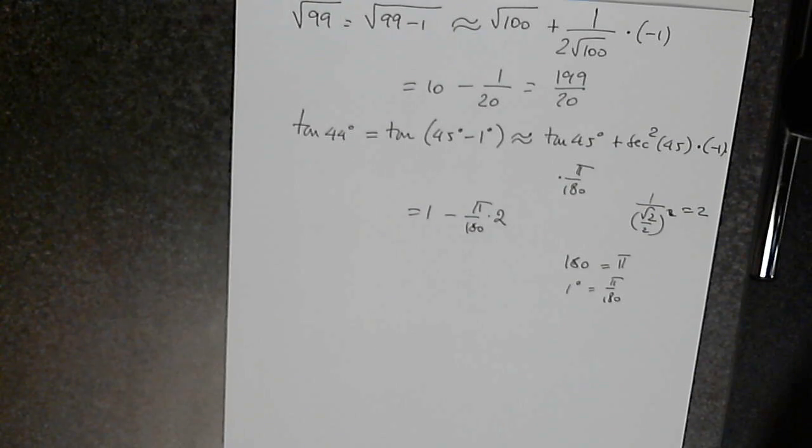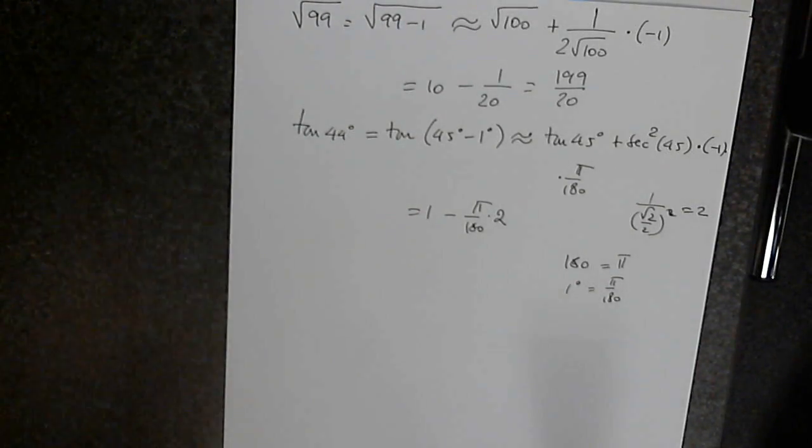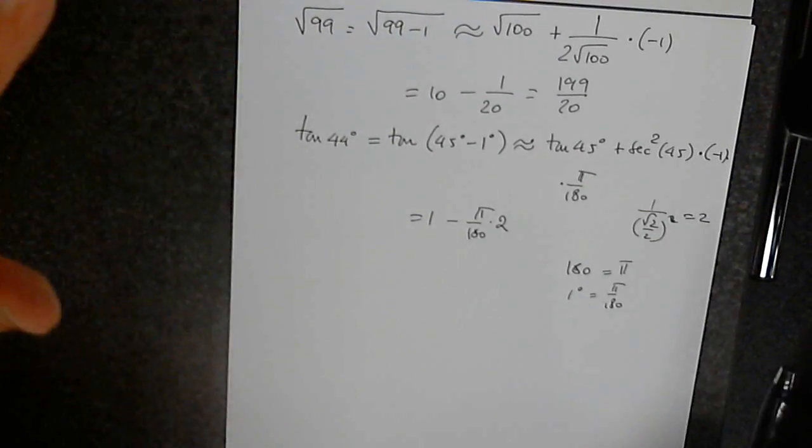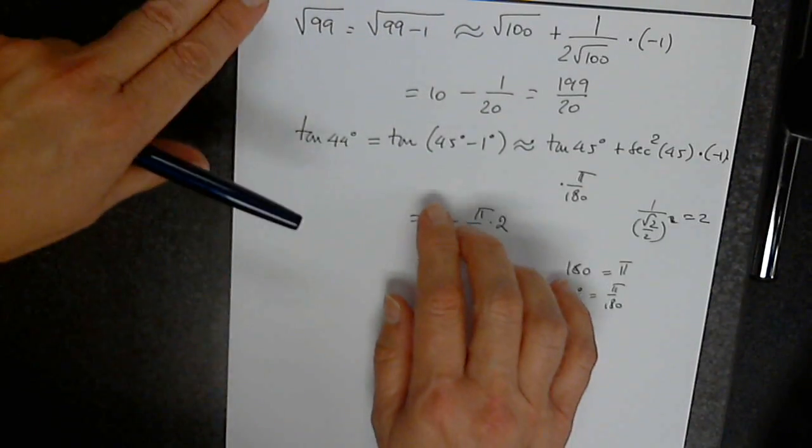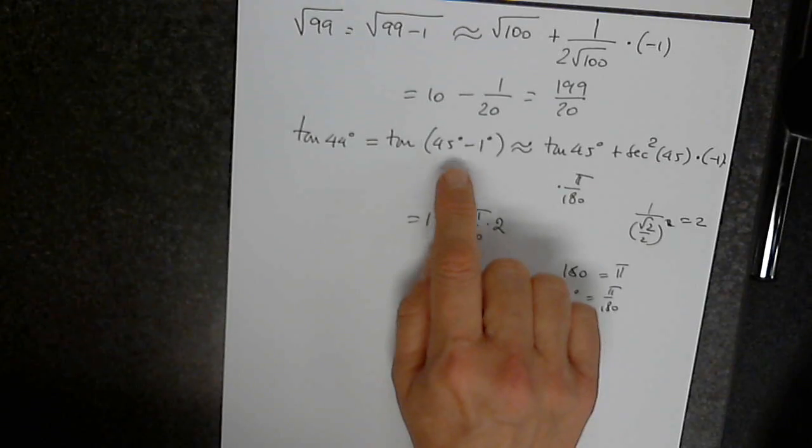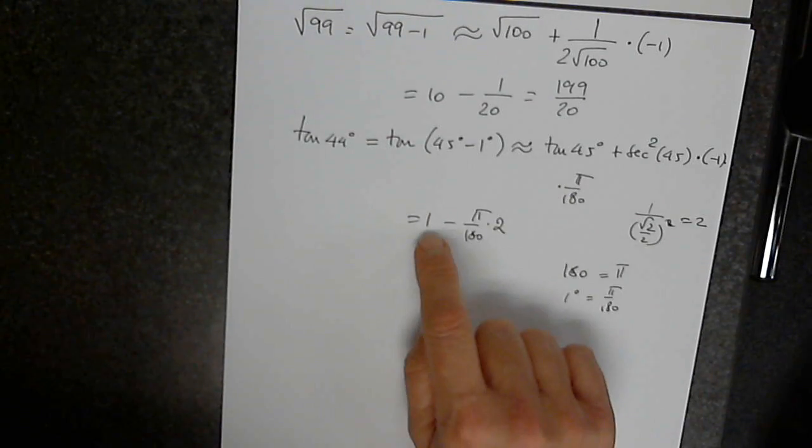Yeah. And tangent 44. Obviously, I messed up something, but I don't see what. They have to be very close. So tangent 44 is 45 minus 1. Tangent 45 is 1.